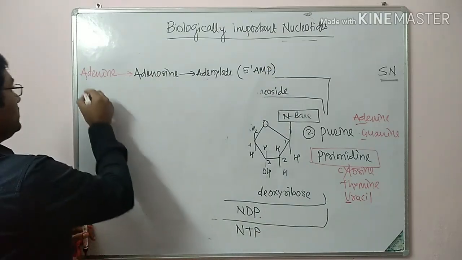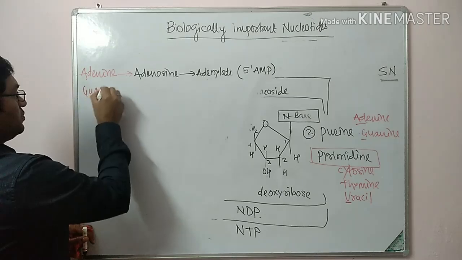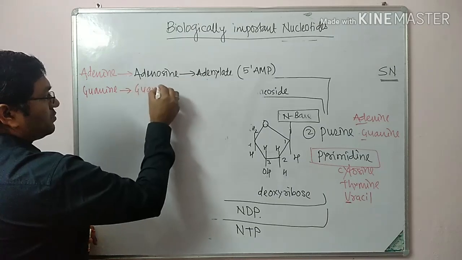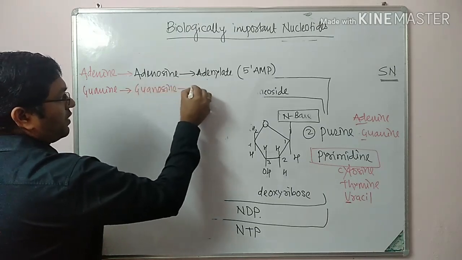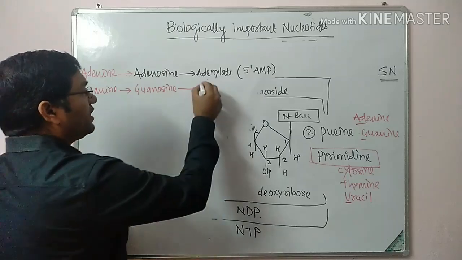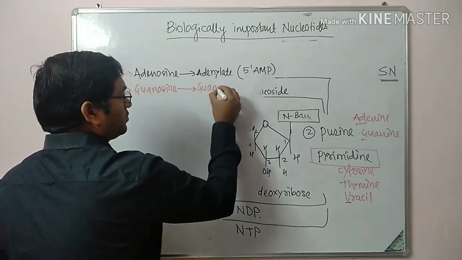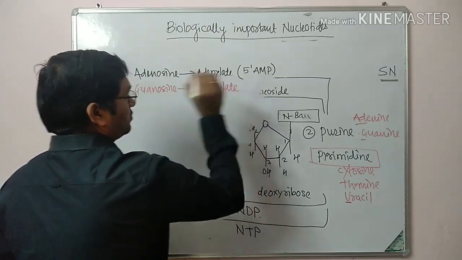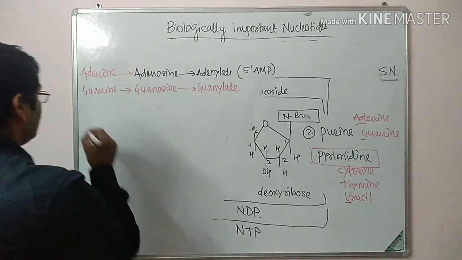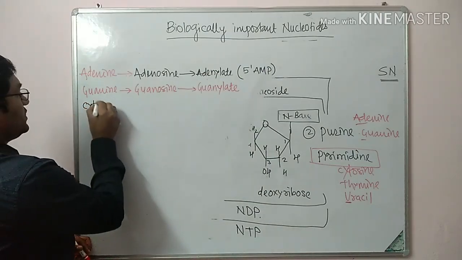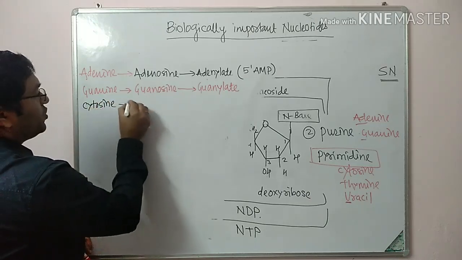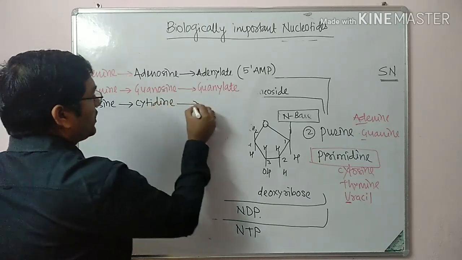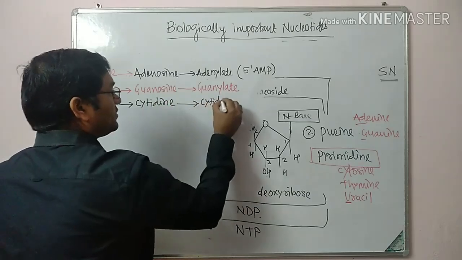Second is guanine. Its nucleoside is guanosine and nucleotide is guanylate. Third one is cytosine. Its nucleoside is cytidine and nucleotide is cytidylate.